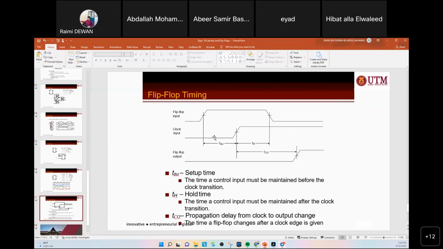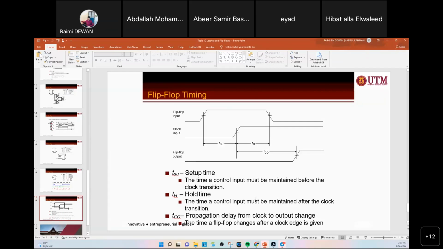So this is the clock input, then we have the clock transition. This is your TSU, before the transition, and TH, the hold time, is the time the control input must be maintained after the clock transition. So TSU is before it, and hold is after it. Then TCO is the propagation delay from clock to output change, the time a flip-flop takes to change after a clock edge is given.